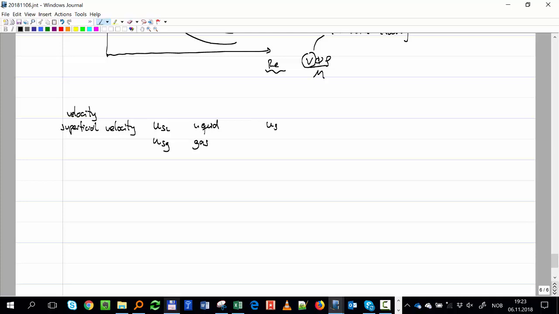Simply, USL is Q of the liquid divided by the cross-section area of the pipe, and USG is Q of the gas divided by A. It's like if the gas and the liquid were flowing by themselves in the pipe with no other phase. That's like my Reynolds. It's a variable that represents how fast the liquid and the gas go in the pipe, assuming that they go by themselves.